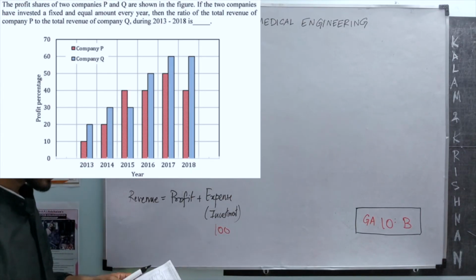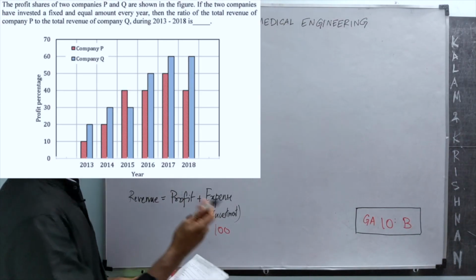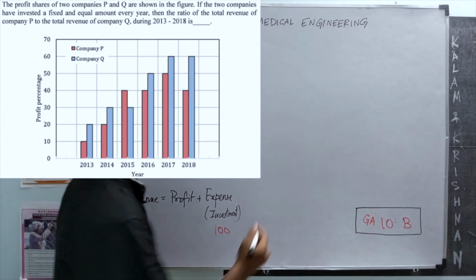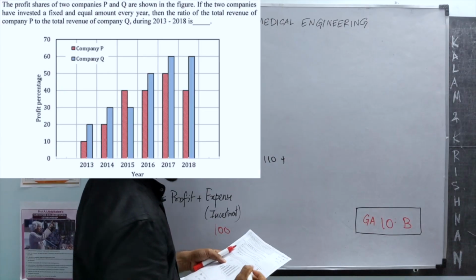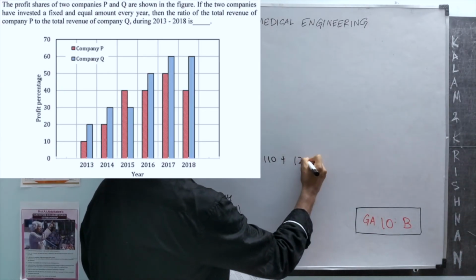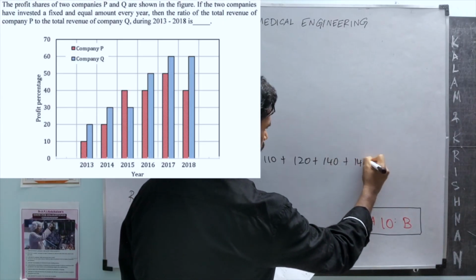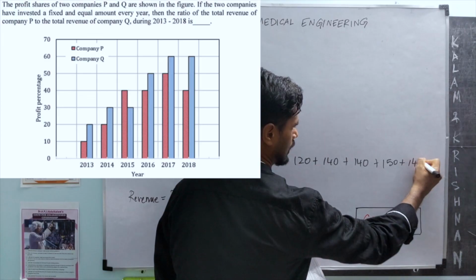Now all we need to do is sum up all the revenues for P and divide that by the sum of all the revenues for Q. That is 110 in 2013 for P plus 120 plus 140 plus 140 plus 150 plus 140.